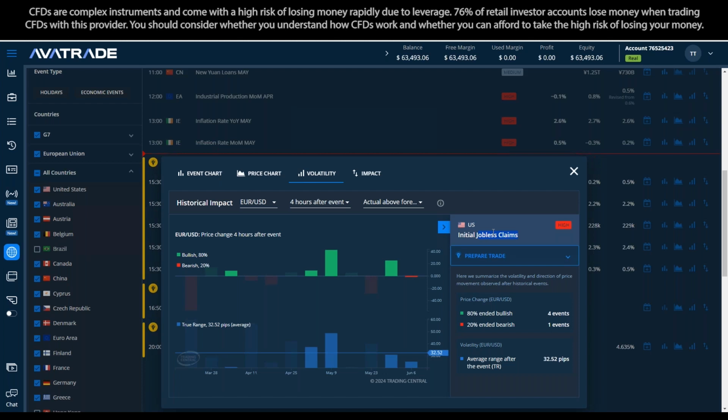This calendar is available for everybody on the AvaTrade web trader platform and our app. Okay, it doesn't matter if you have an MT4 account or an MT5 account, it's there. So this is one of the benefits of trading with AvaTrade: you have these tools that many other brokers either don't offer, or if they do, you have to pay for them.